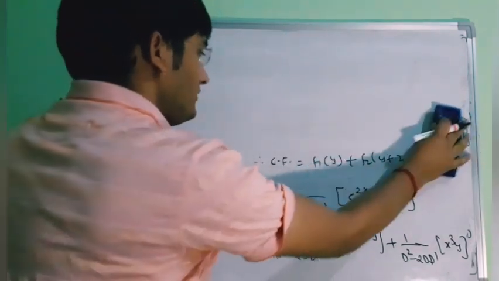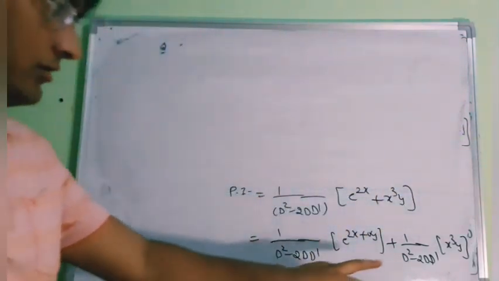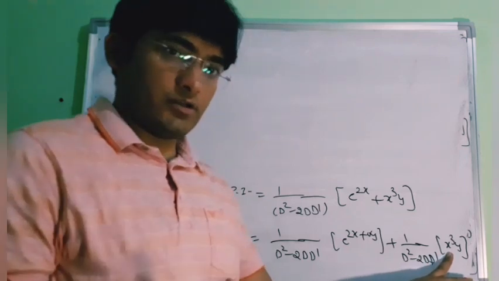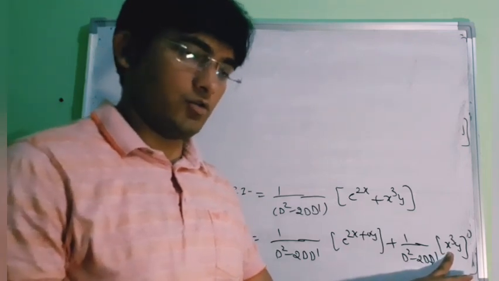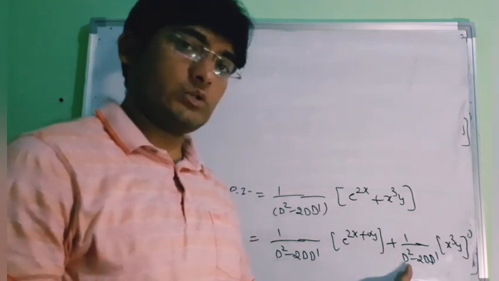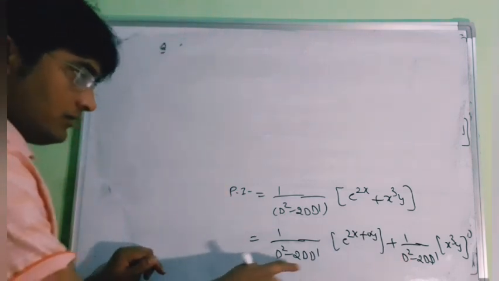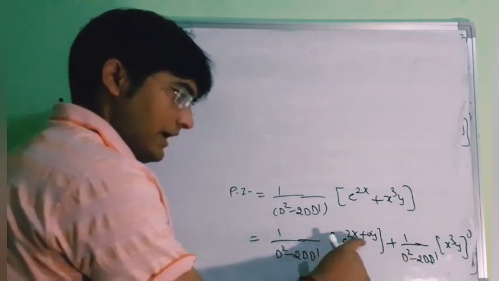As you can see that here the power of x is greater than the power of y. So we will take D square common. And here we will replace our D by a and D' by b.